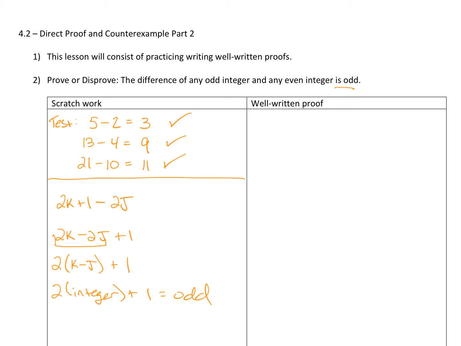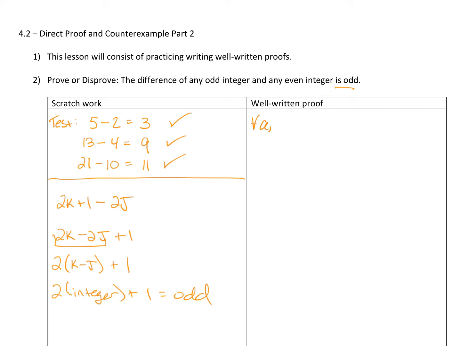First, we write out the original statement in more formal language, which we can do in our head, right? It says for any integers a and b, if a is odd and b is even, a minus b is odd. So let's go ahead and write it out.